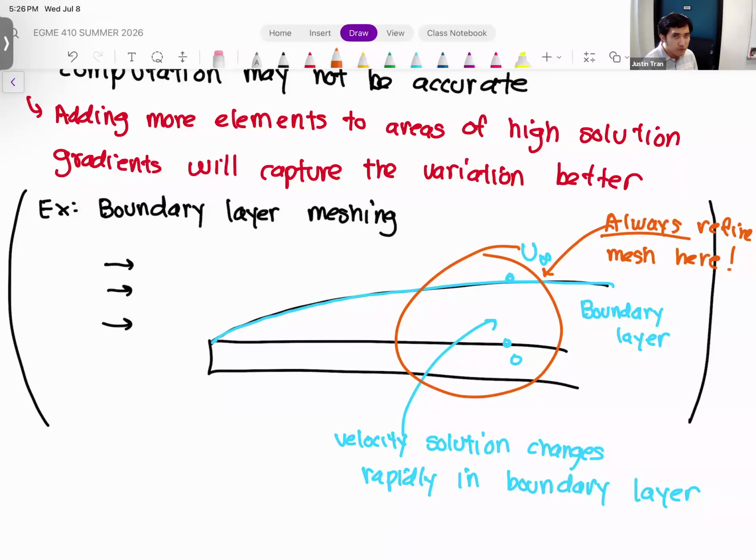In fact, most CFD codes have a feature called boundary layer meshing, which is specifically designed to refine the mesh within the region of that wall.